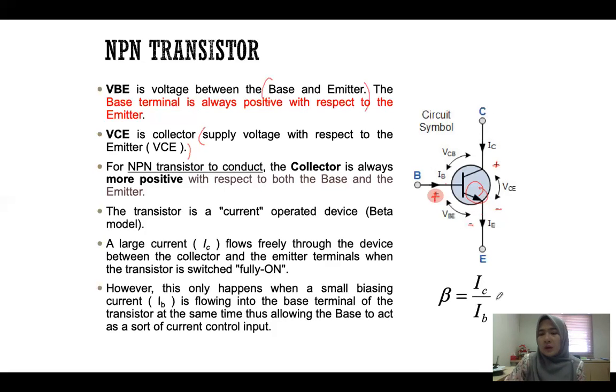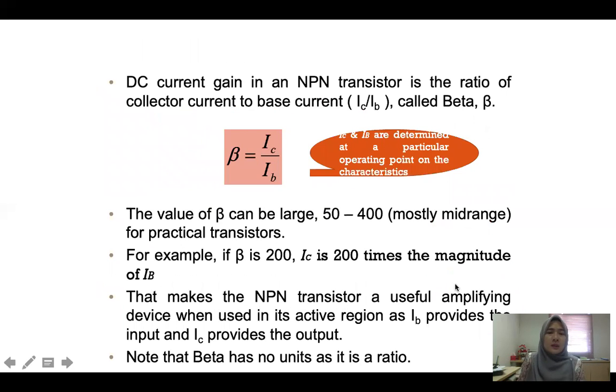Okay, so over here, this is a formula. Beta equals IC over IB. So what is beta? In the next slide, I will explain what beta is. Beta is the collector current divided by the base current. The DC current gain in an NPN transistor is the ratio of the collector current to the base current, called the beta. So the beta here is actually the DC current gain.